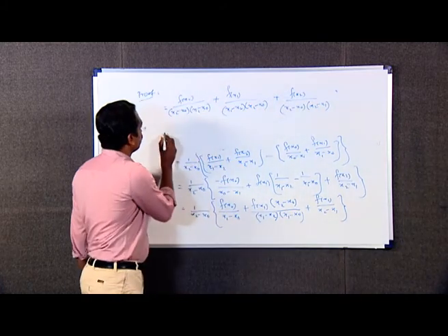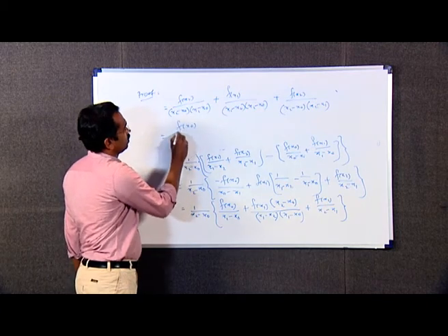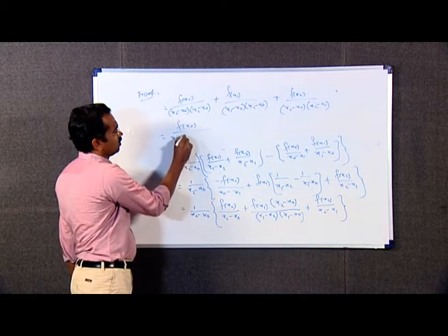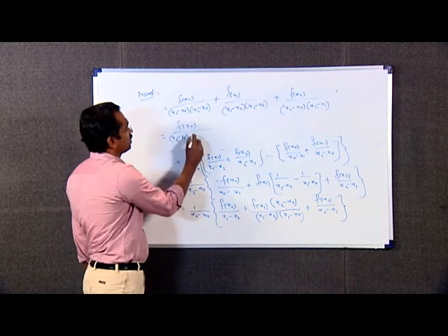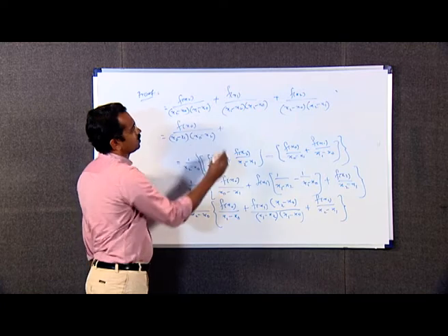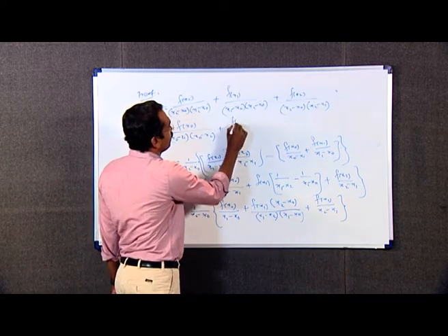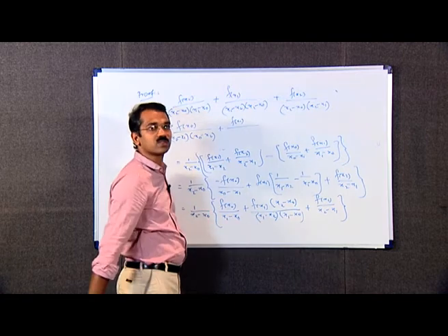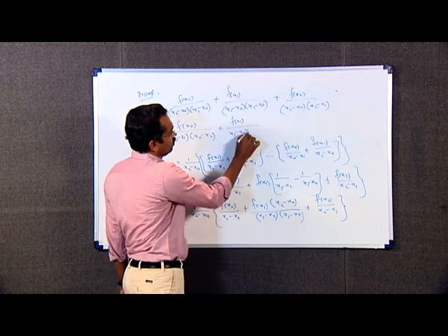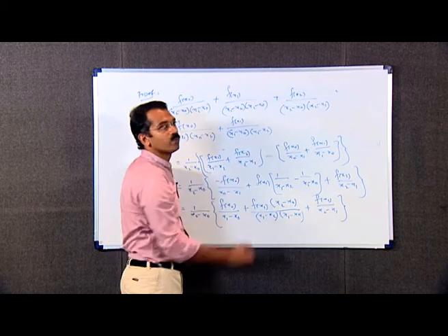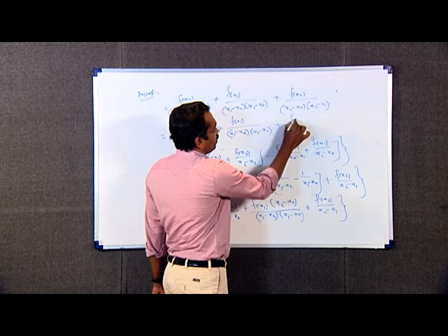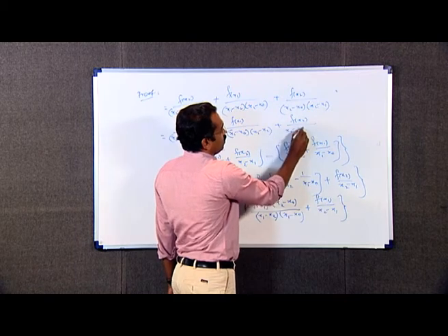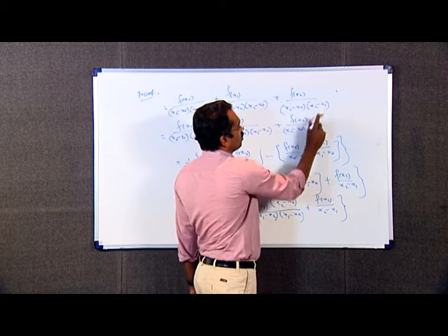That is, this is equal to f of x0 divided by x0 minus x1 into x0 minus x2, plus f of x1 divided by x1 minus x0 into x1 minus x2, plus f of x2 divided by x2 minus x0 into x2 minus x1.